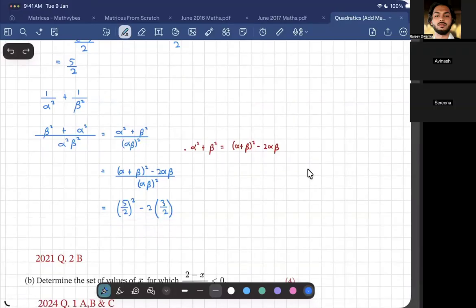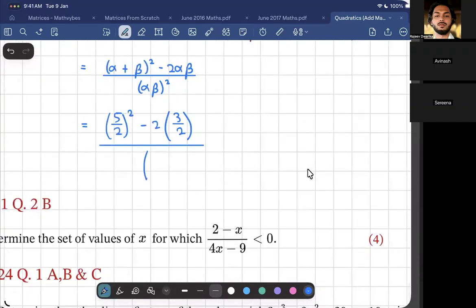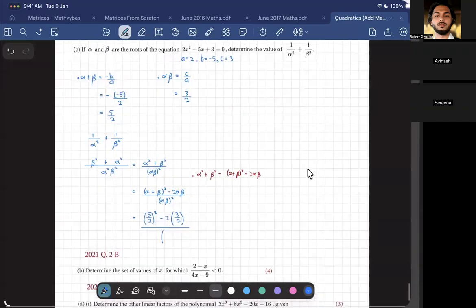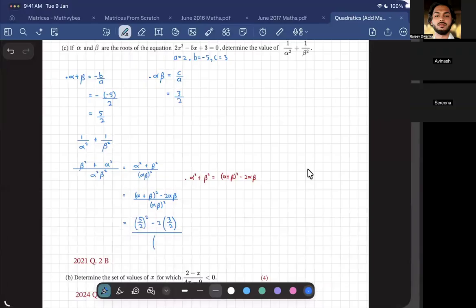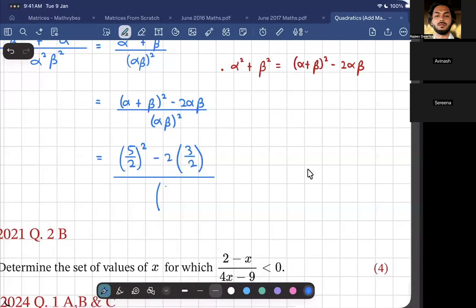What is alpha beta? Remind me. What was alpha beta? 3 over 2. Yeah, 3 over 2. So this is why you need to find the original sum and product at the start. That is why.